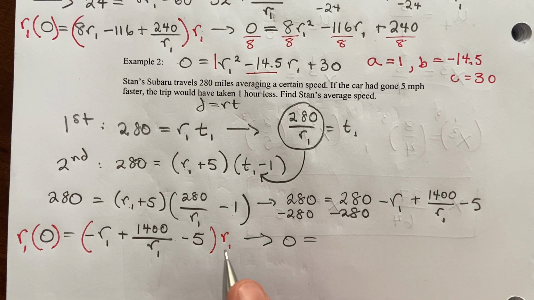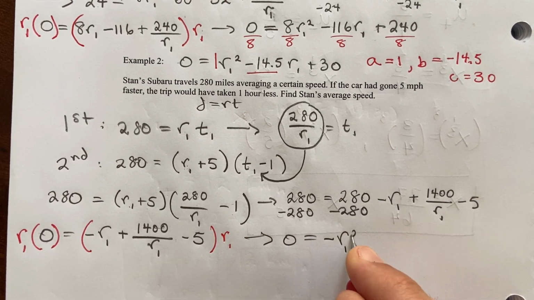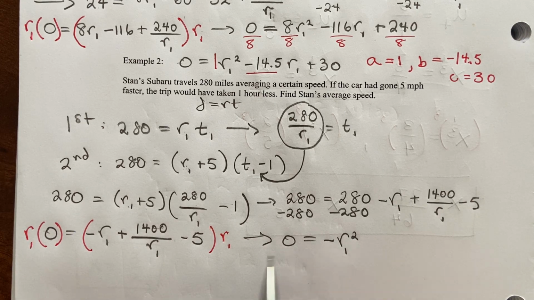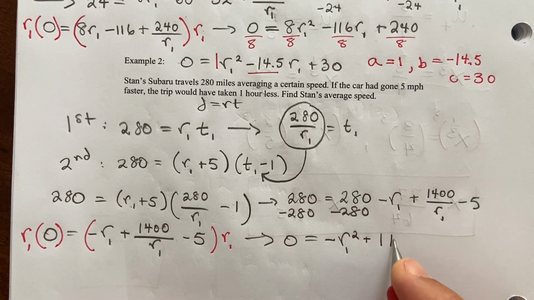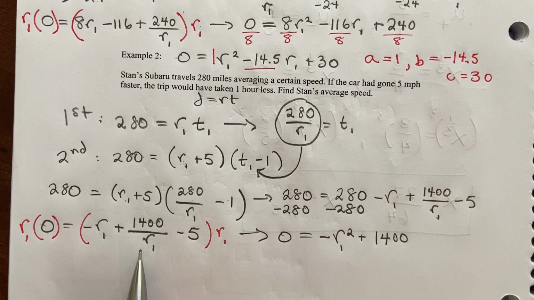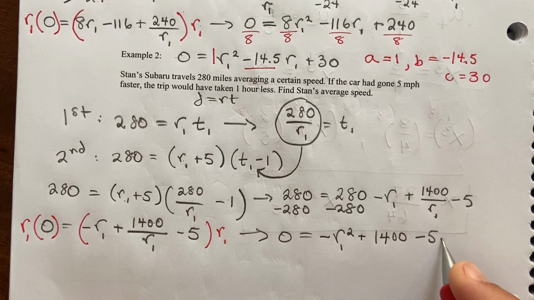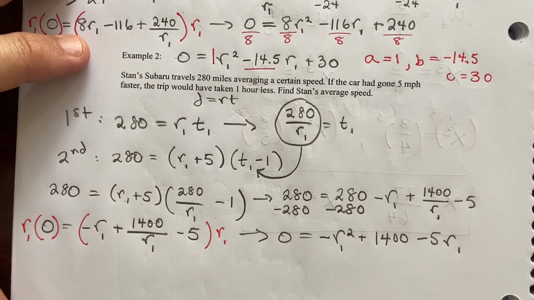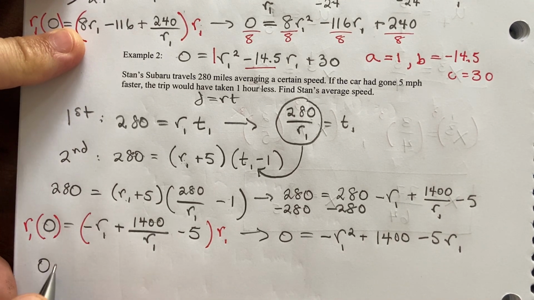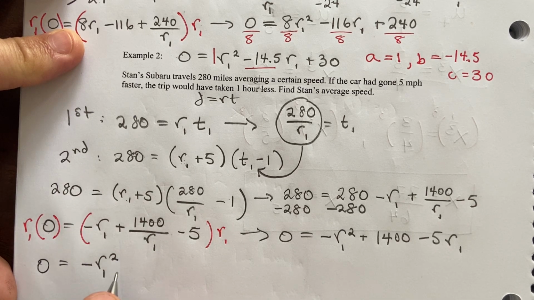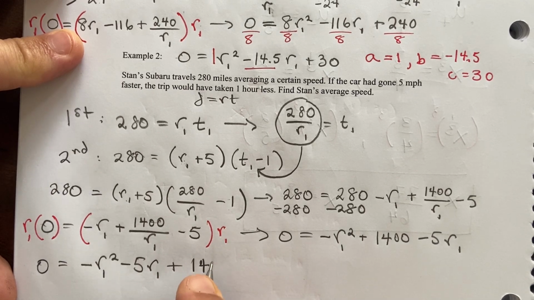So 0 equals negative R1 squared, R1 times R1. Then distribute R1 to this term, I just get plus 1400 because the R1s cancel. And then R1 times -5 is -5 R1. And then just rearranging things, I have 0 equals negative R1 squared, that's my squared term, minus 5 R1, and then plus 1400.